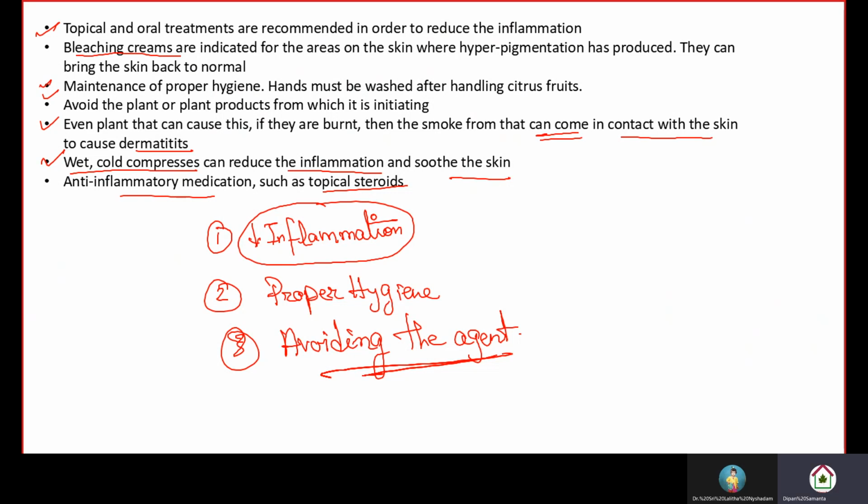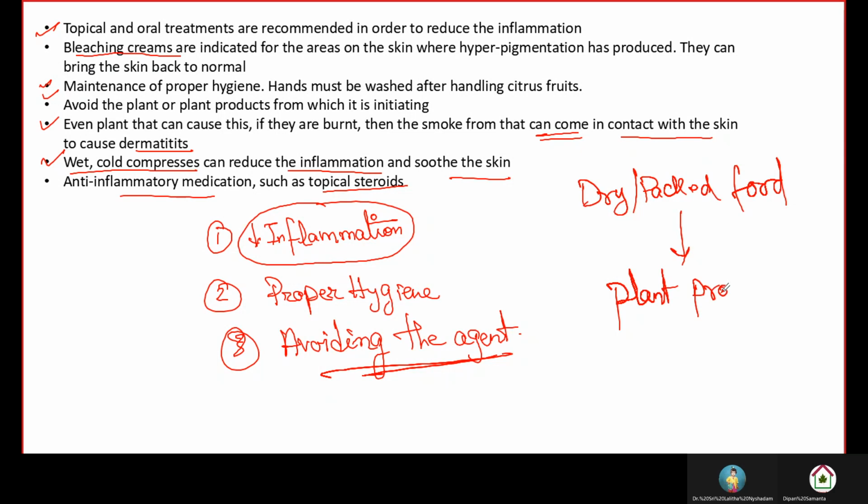In fact, the final product of some factory made products of food, packed food products, or dry foods can also cause it, because dry or packed foods can contain the plant products or the extracts of the plants.